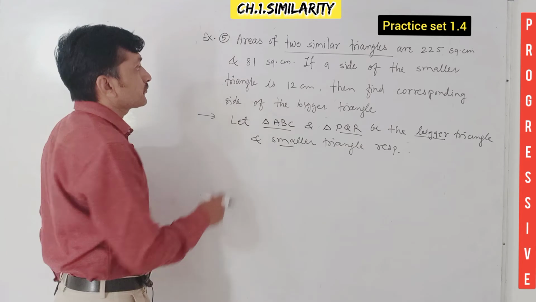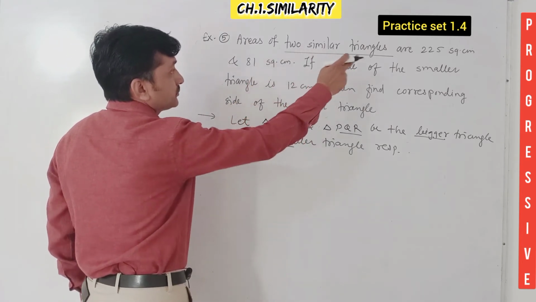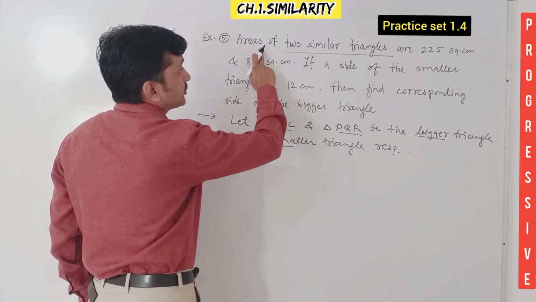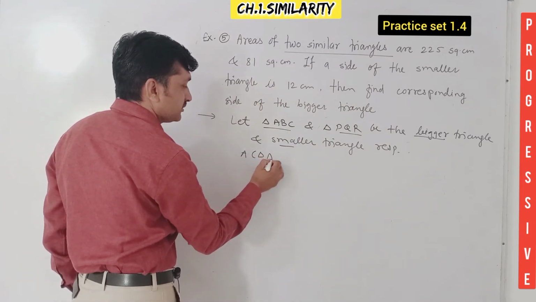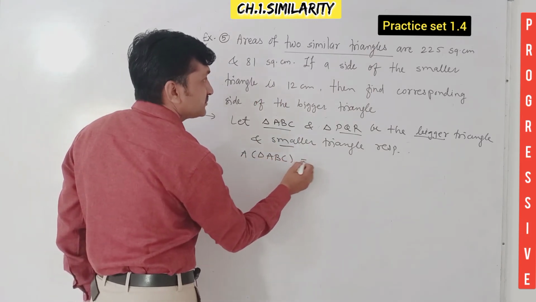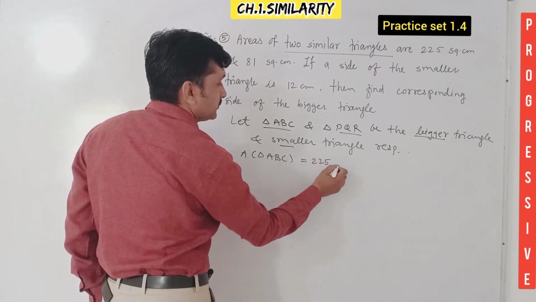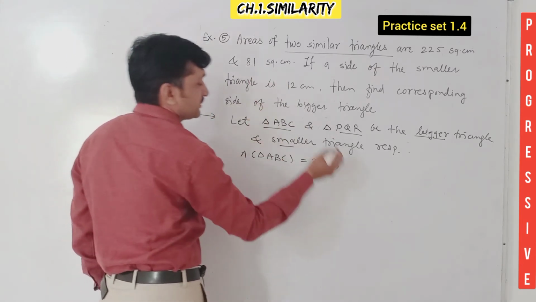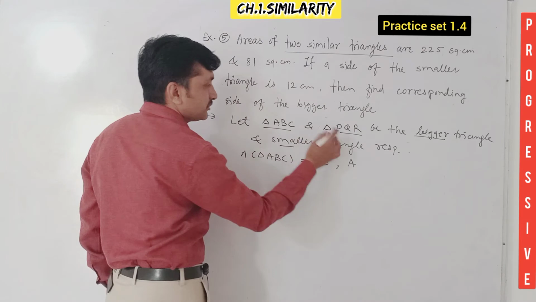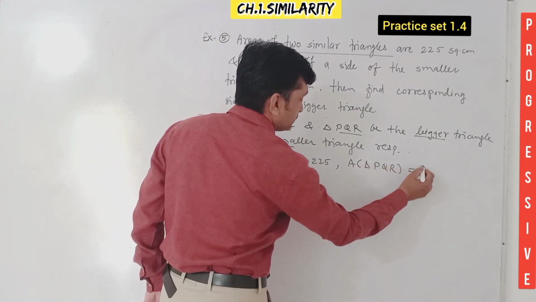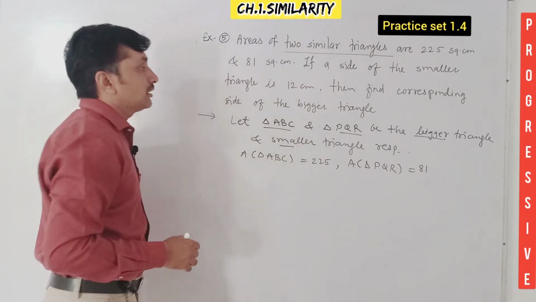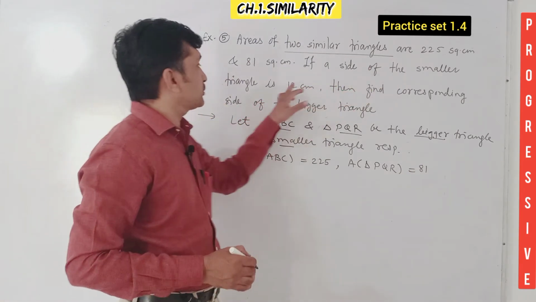Okay, their areas are given. Area of the bigger, means area of ABC, is given as 225. Area of the smaller is 81, and the smaller we considered PQR. Area of triangle PQR is 81. After that, the side of the smaller is 12.